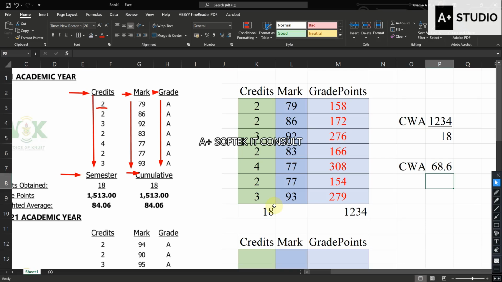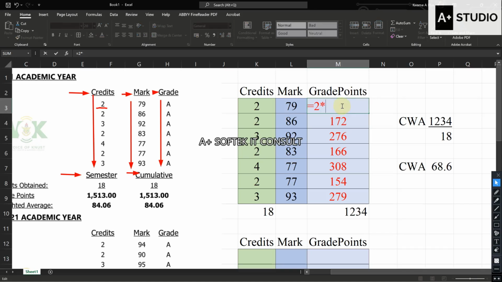Let's see, is anything wrong somewhere? I don't want to get anything wrong. 158, that is M3.